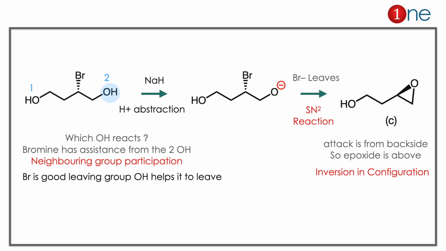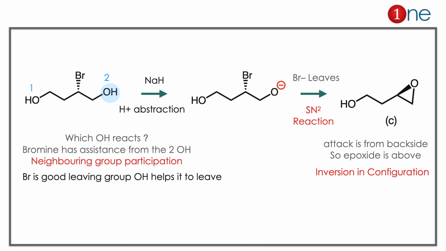So the proton is abstracted from the nearby OH, and you have O- formed. O- assists the Br to leave, forming the epoxide. It's a ring closure. The interesting thing is the mechanism is a kind of SN2 reaction. So the attack is from the backside, so inversion of configuration happens. Bromine below the plane means oxygen above the plane, which is answer C.